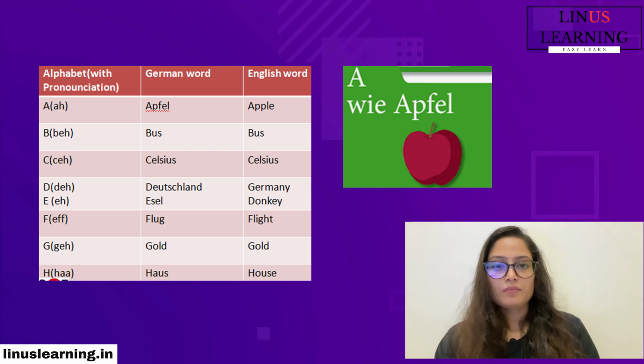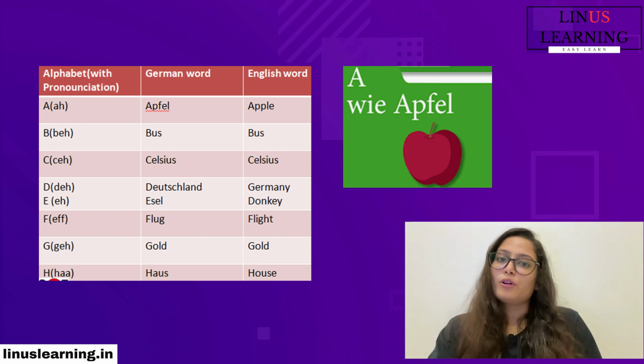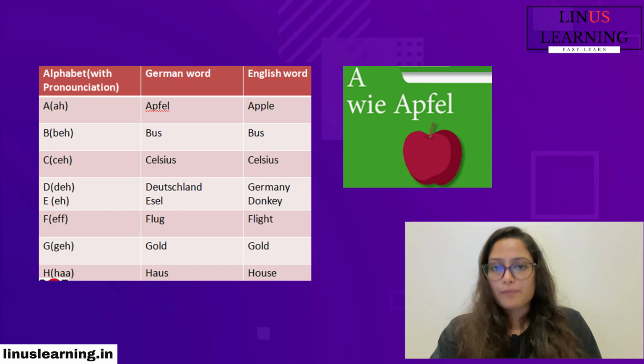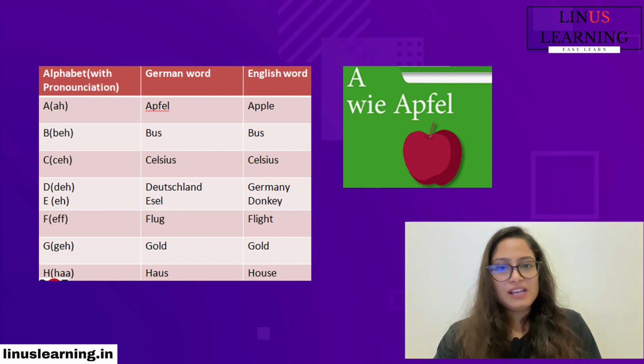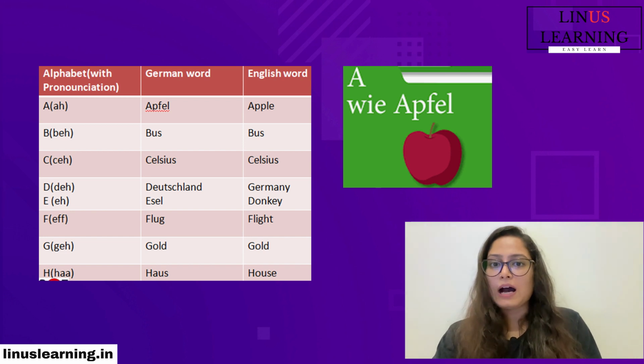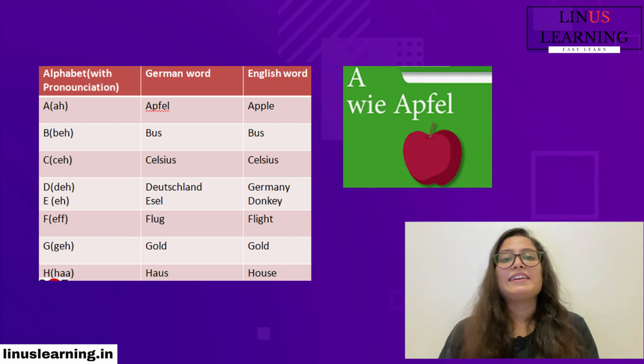Let's see. A was A, remember? So if we want to say A for apple, in German we say A wie Apfel. Apfel means an apple, and wie means like. A wie Apfel means A like apple. Wie means like or how, if you remember.